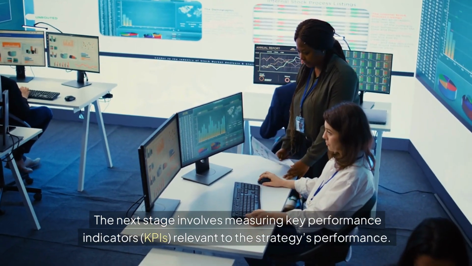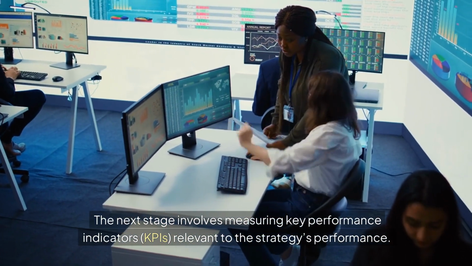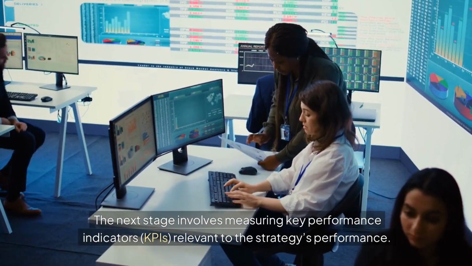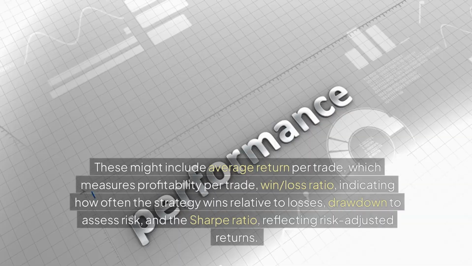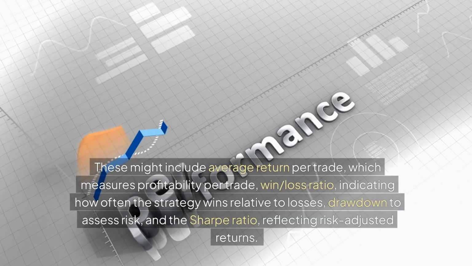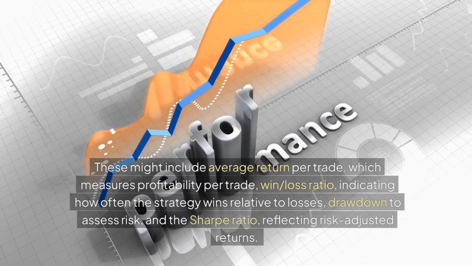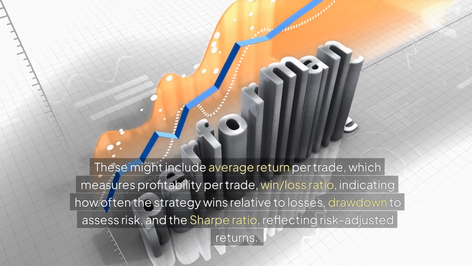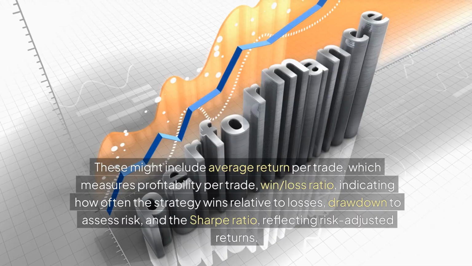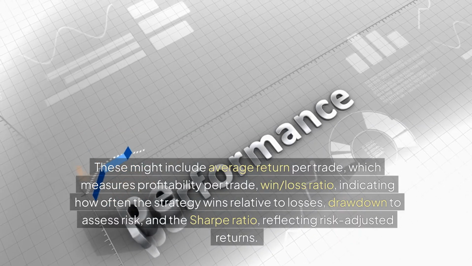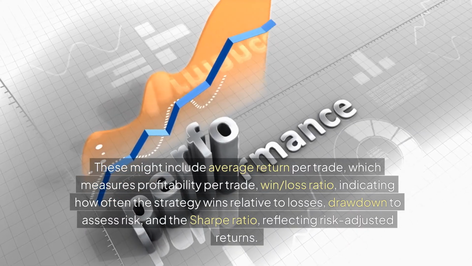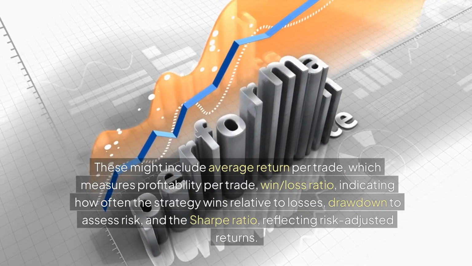The next stage involves measuring key performance indicators, KPIs, relevant to the strategy's performance. These might include average return per trade, which measures profitability per trade, win-loss ratio, indicating how often the strategy wins relative to losses, drawdown to assess risk, and the Sharpe ratio, reflecting risk-adjusted returns.